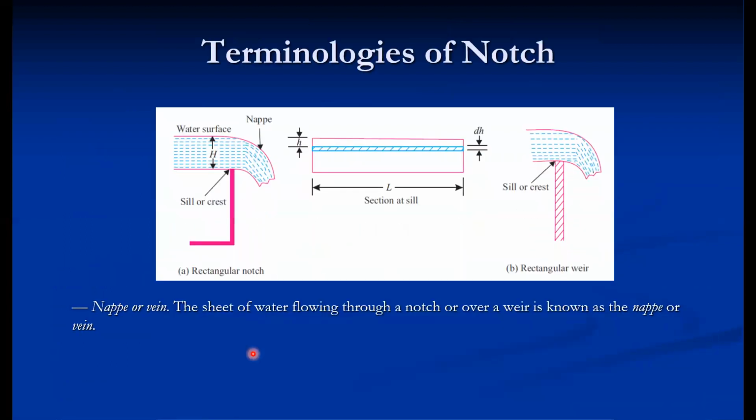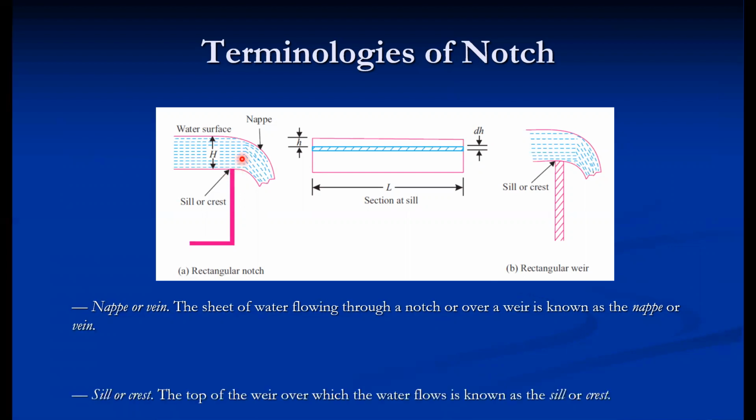Now the terminology associated with these notches. The sheet of water flowing over the notch is generally called the nappe or vein. This is a Greek word, nappe or vein. So in this rectangular notch, the sheet of water which is flowing above the bottom edge of the notch is called a nappe or vein.